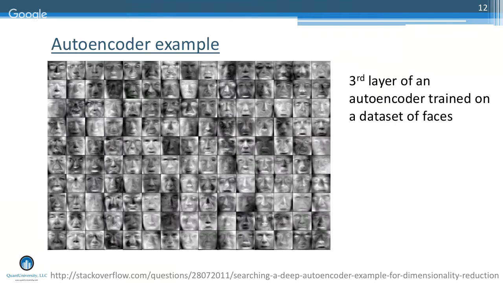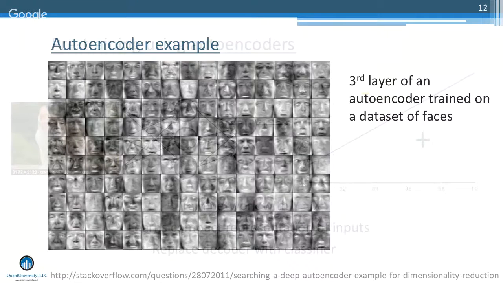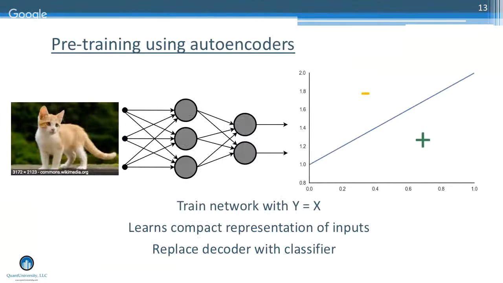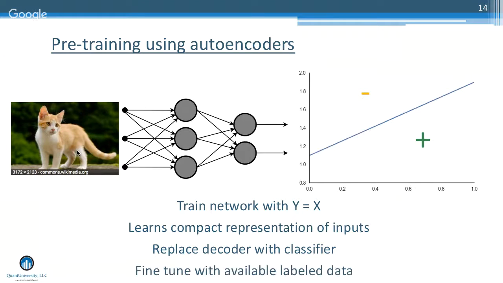Okay. So let's see an application of what you could do with an autoencoder. Here, you're training a network, and you want to use it as a classifier. You take this original representation of the data, come up with a hidden representation, and use this hidden representation for your classification, whether it's classified as a cat or a dog or whatever it is.